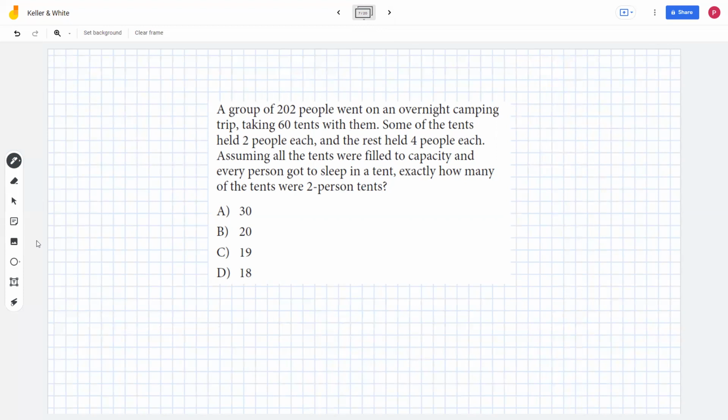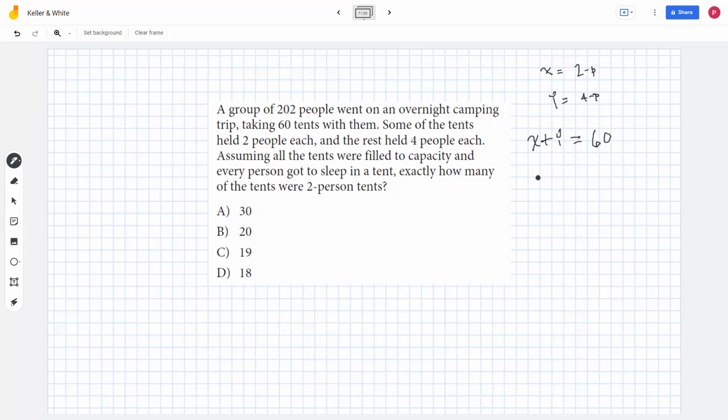Your math teacher would say, if you let X equal the number of 2-person tents and Y equal the number of 4-person tents, you could write a system of equations. This is not the way I'm going to do it, but you know that together the number of tents add up to 60.